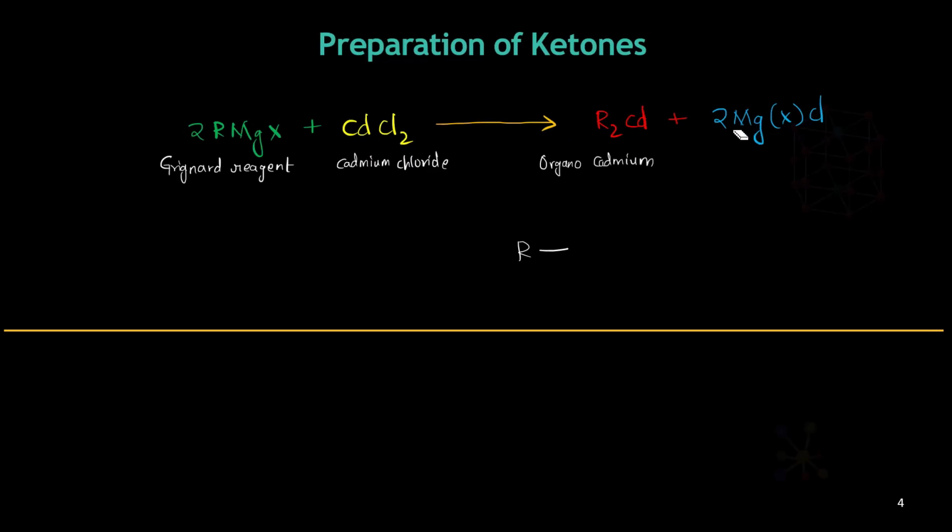And then it will form MgXCl. Actually, it's not D, it's Cl, which is nothing but magnesium chloride.